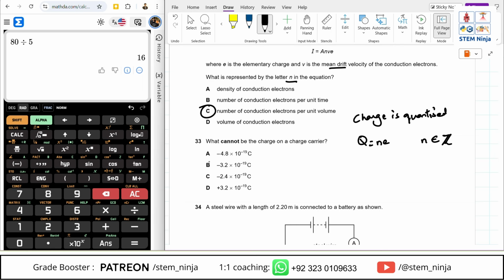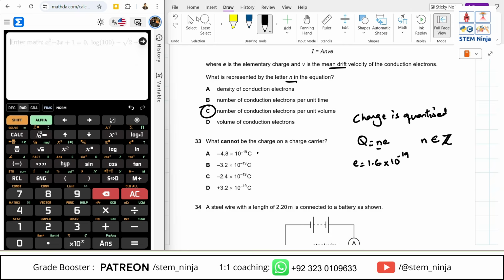So if we divide each of them by e, which is 1.6 times 10 raised to the power minus 19, if n does not come out to be an integer, that would be the possible answer.